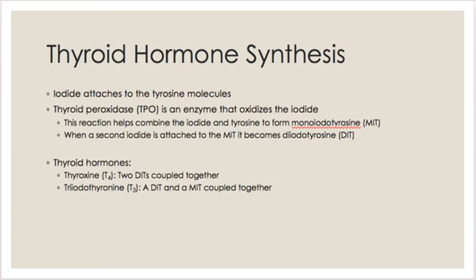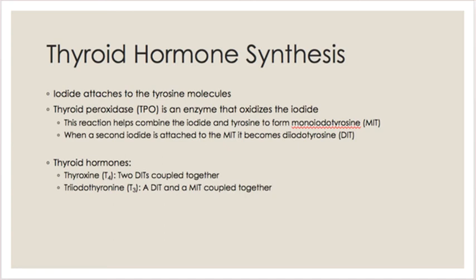The next thing is thyroid peroxidase, which is termed TPO. This is an enzyme that's going to oxidize the iodide. So the oxidizing reaction helps combine the iodide and tyrosine to form monoiodotyrosine, or MIT.